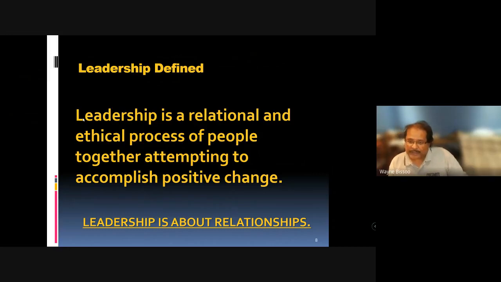As with any change that comes, it challenges the status quo. And once it challenges the status quo, people are always going to be questioning where this change is coming from. But again, remember the model we're looking at is leadership in relation to change. Now, that's what they defined it to be.